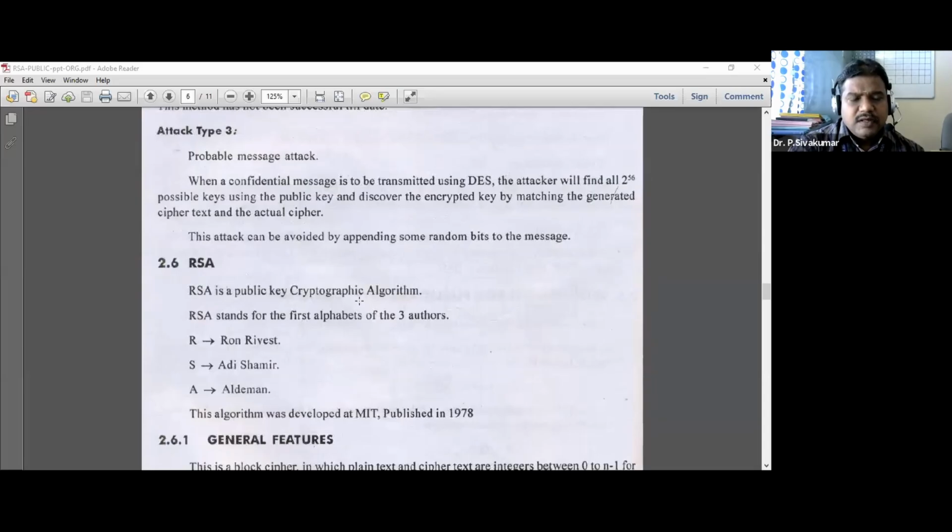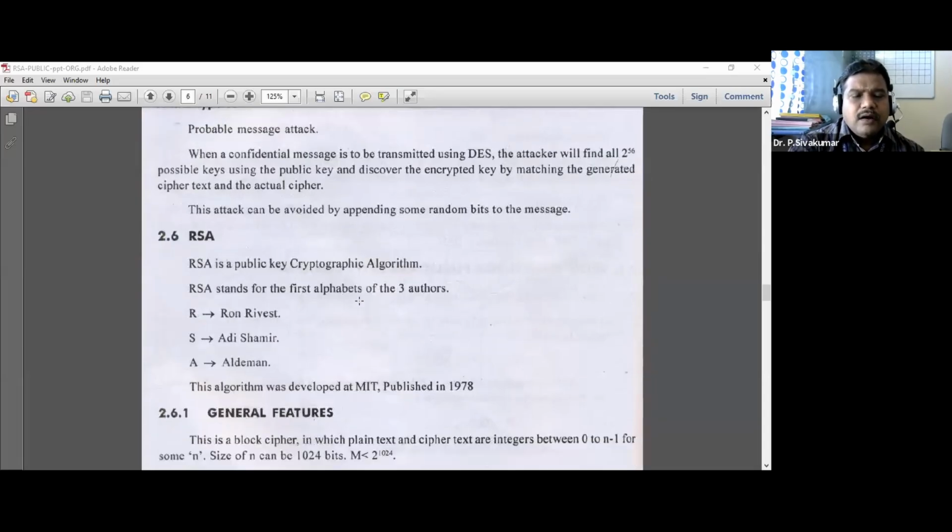Next we go to the RSA algorithm. It is one example of a public key cryptography system. What does RSA stand for?